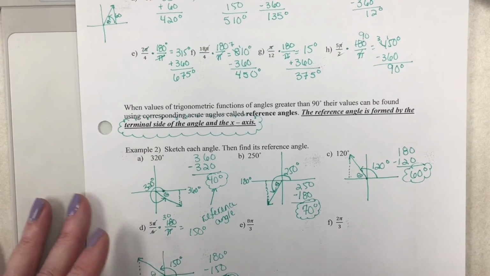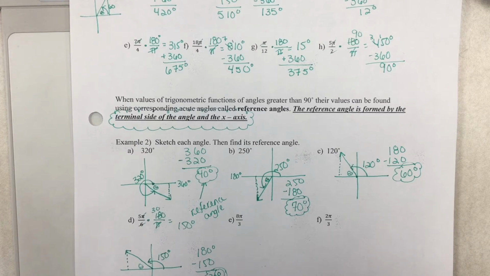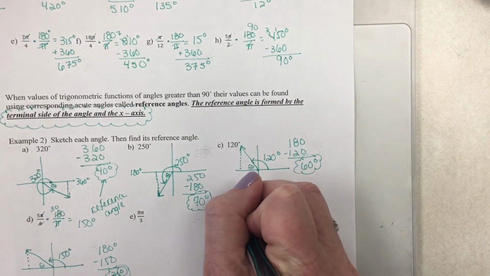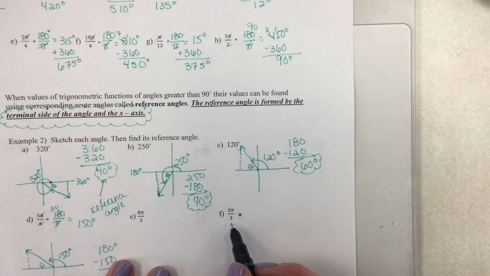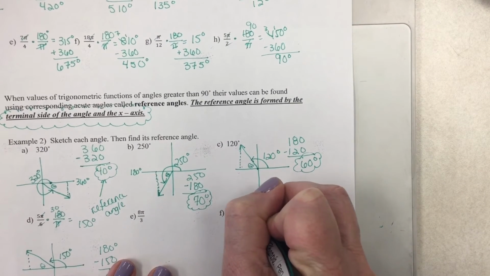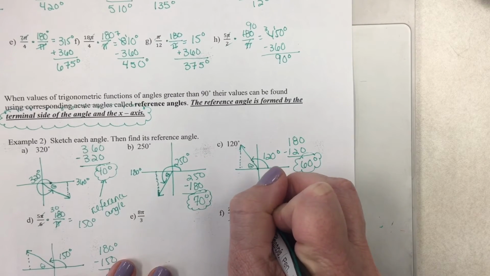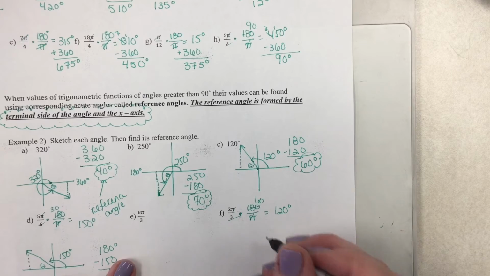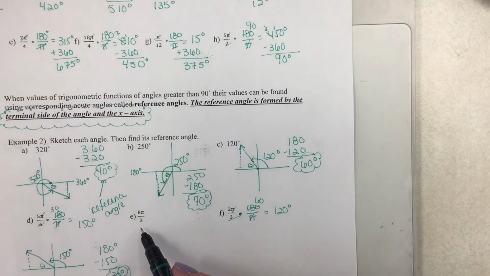Okay, let's skip on to F, because E and F, believe it or not, have the exact same reference angle. So, 2 pi over 3, I multiply by 180 over pi. Cancel, cancel. It's 120 degrees. I mean, this doesn't equal 120.